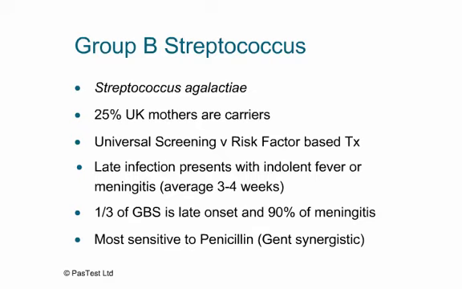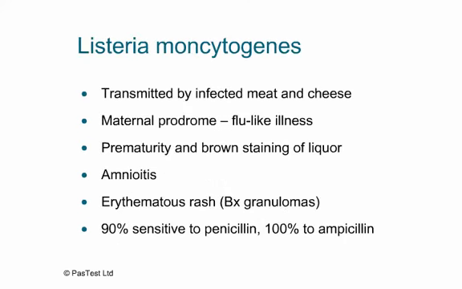Another important pathogen to consider in neonatal infection is Listeria monocytogenes. Listeria is caught by mothers by drinking unpasteurized milk or uncooked meats, and deli-related food and pate are important focuses of infection.